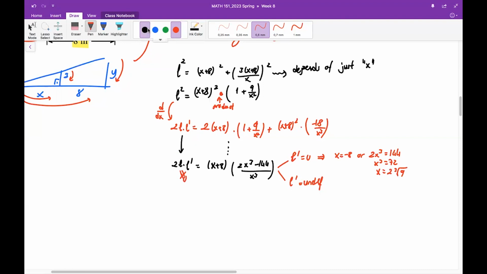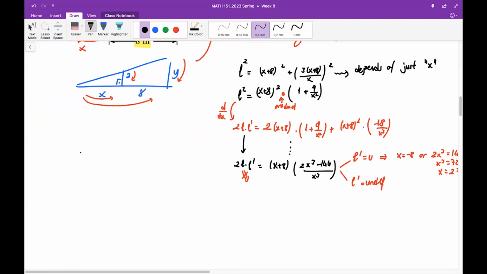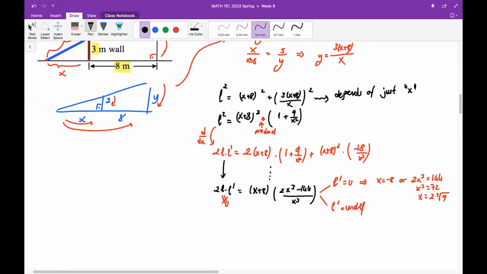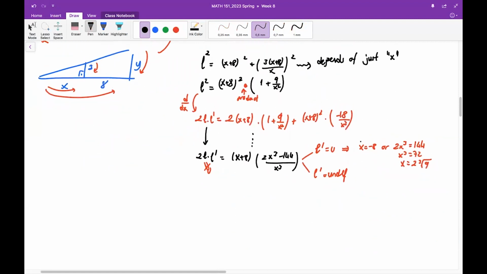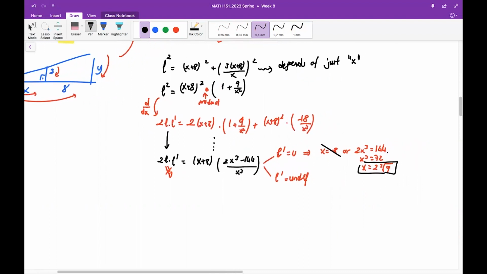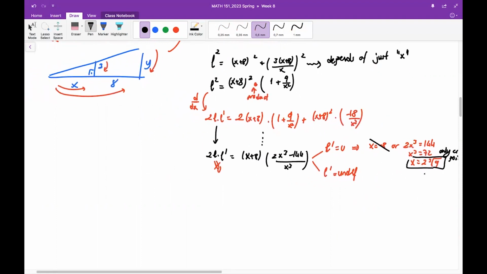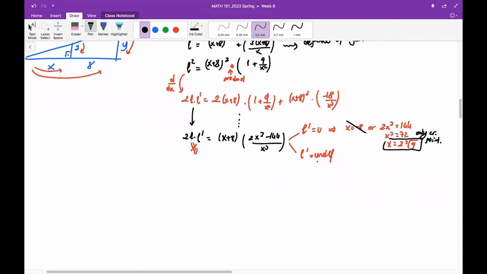Okay, so x is a length and it can never be negative. That's why I will directly eliminate that, which gives us the only critical point as this number. Okay, this is the only critical point. And is there any point where L prime is undefined?